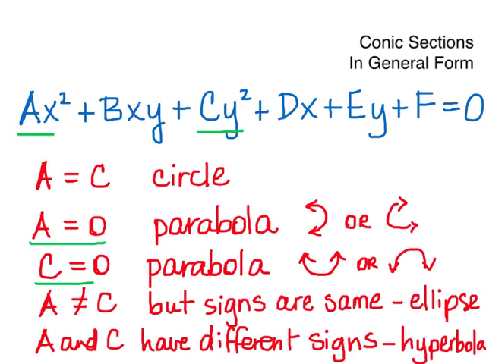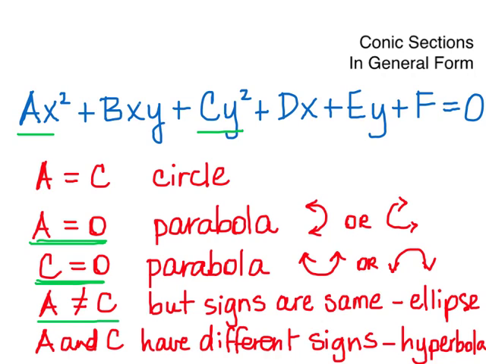If c equals 0, that would make the y squared term go away, and you'd only have an x squared term, and that is a y equals x squared type parabola, which is kind of our original parabola that we learned, and that is an up or down parabola. So you're looking to see if the x squared is missing or if the y squared is missing, and then that will let you know it's a parabola and which type.